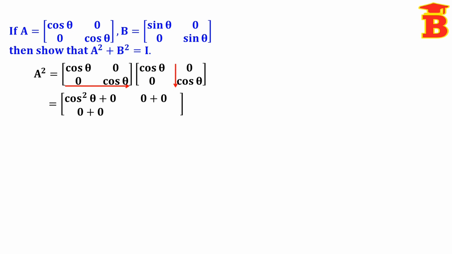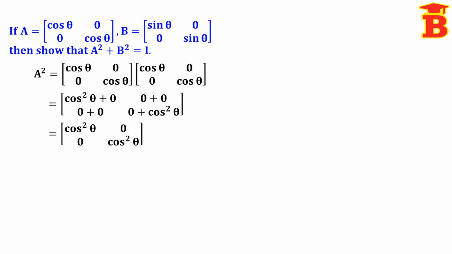Second row, second column: 0 into 0 is 0, plus cos theta into cos theta is cos square theta. So this is the second row. Now this is equal to [cos square theta 0; 0 cos square theta]. This is A square.